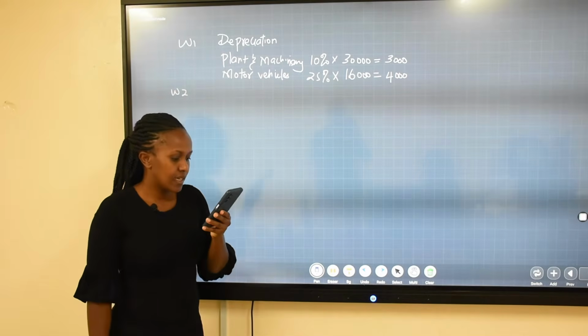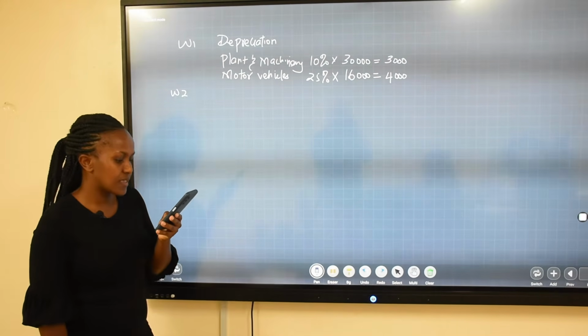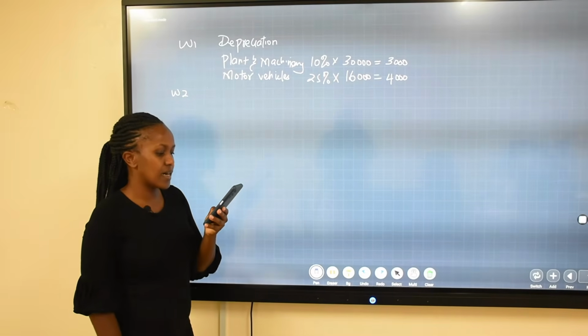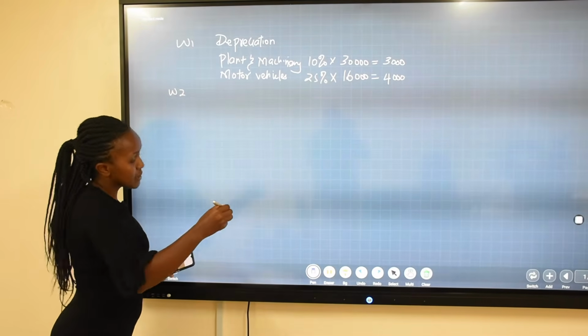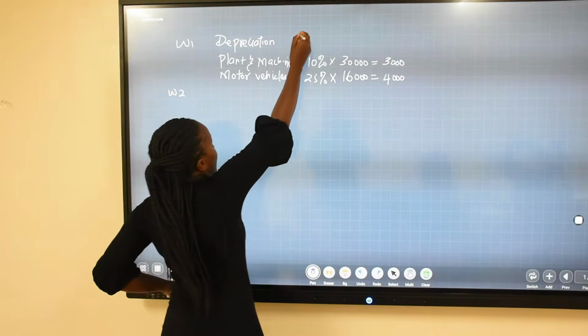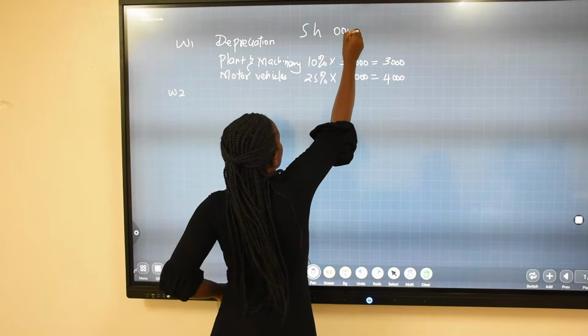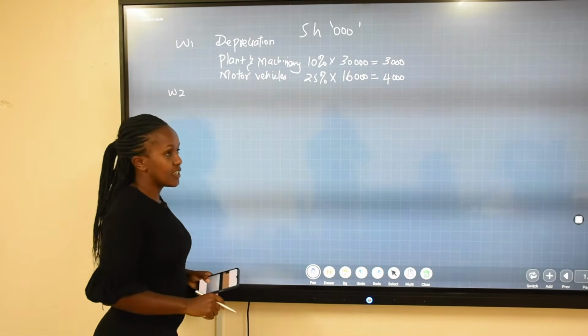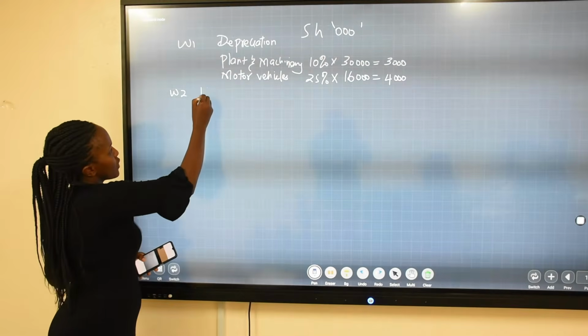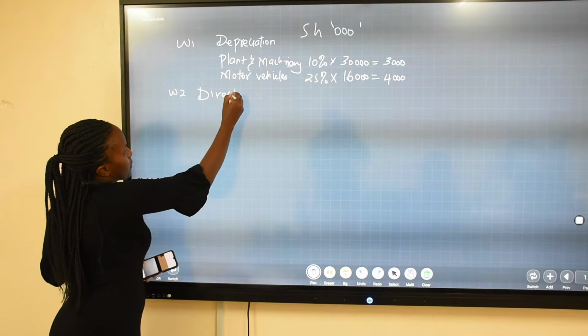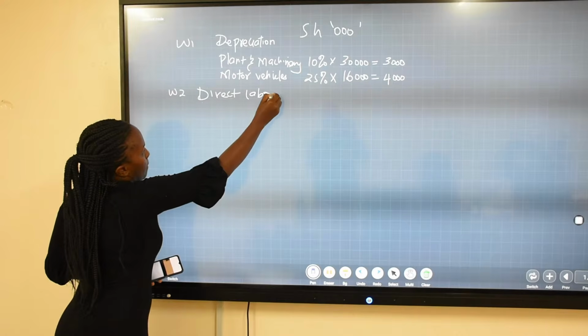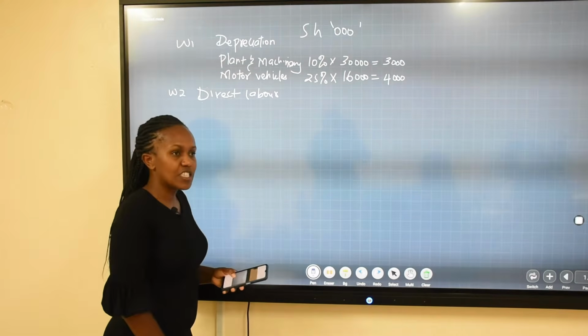It says that the amount accrued on 31st December 2021 for direct labor is 3 million. This reminds me, our workings are in shillings of thousands. So the next one is direct labor, which we have been told is accrued.